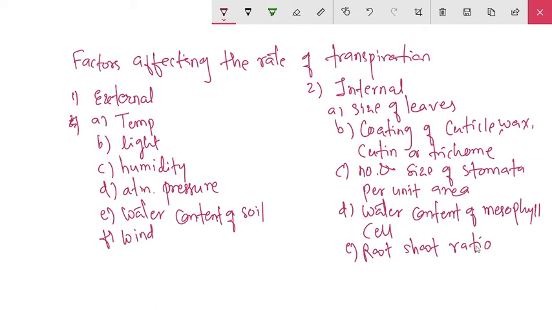These are the different factors which directly or indirectly affect the rate of transpiration.